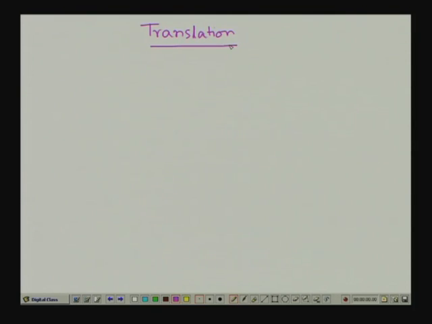So, this translation property says that if we have an input image f(x,y), and then translate this input image by x naught, y naught, what we get is a translated image f(x minus x naught, y minus y naught).